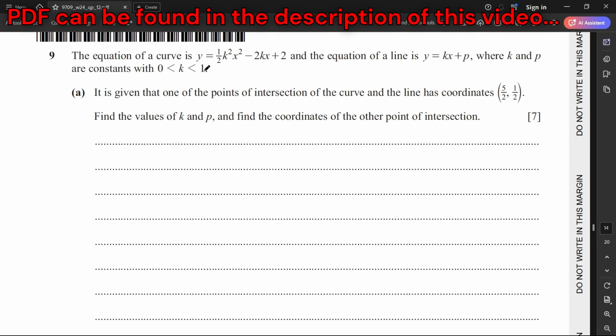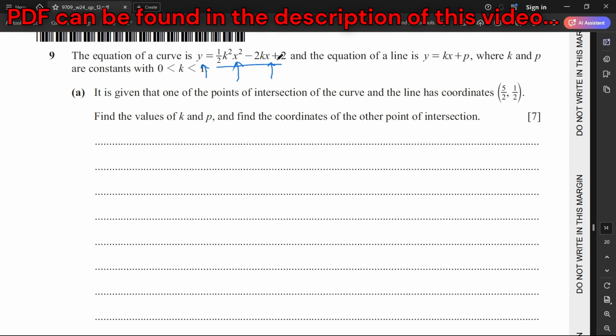Well, if you focus on this equation of the curve, it is completely in the form of k. There is no p involved over here. So because I know that 5 by 2 and 1 by 2 is valid for this equation, I'll substitute my x as 5 by 2 and y as half. Then this whole equation will be completely in the format of k only.